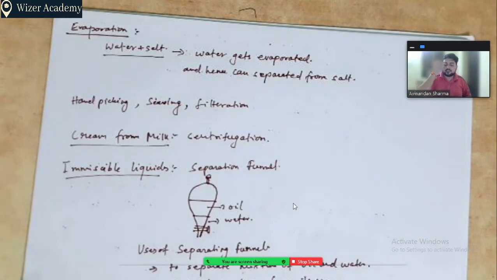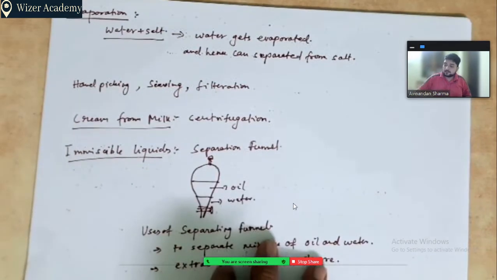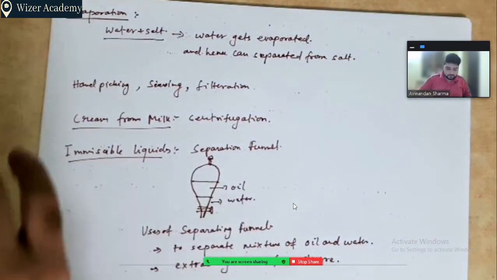If the density is less, it will be floating, and if the density is more, it will be downside.